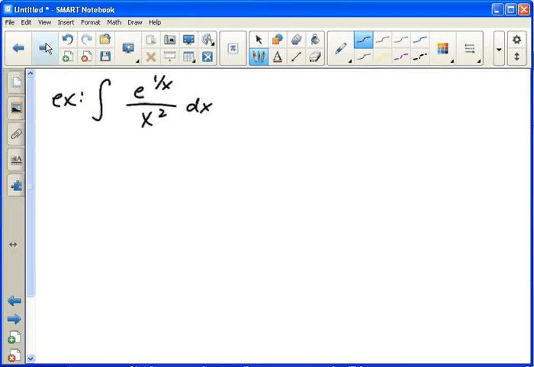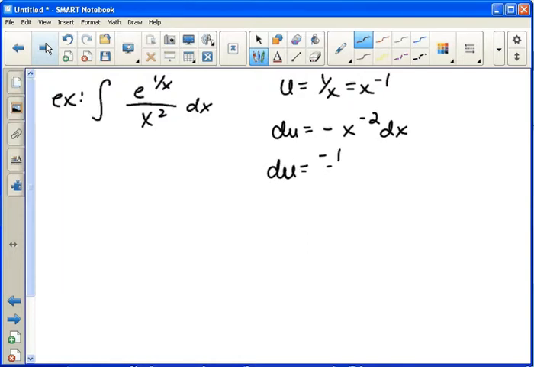Alright, next example. Still just one e, so we're going to continue to choose our u as the exponent. If it helps, you can rewrite this 1 over x as x to the negative 1. Now remember, we're taking the derivative here, so we multiply by the exponent and subtract 1 from the exponent. So I'm going to rewrite that as negative 1 over x squared dx.